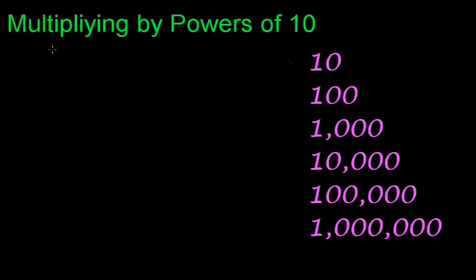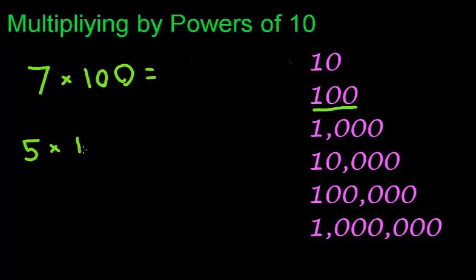So some of these problems we're going to look at are going to multiply by these numbers. So let's take out your paper, get your pencil out, and let's write down a few problems. We're going to try 7 times 100, and you can see 100 is one of our powers of 10. Let's do 5 times 1,000.